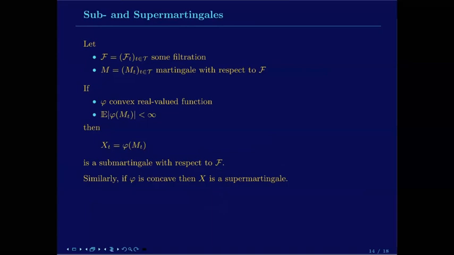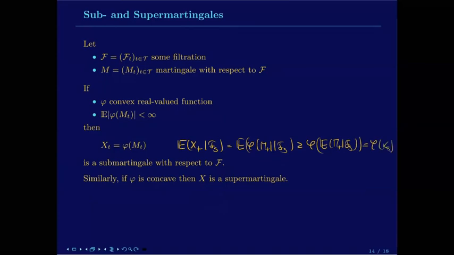And this is simply a consequence of Jensen's inequality. So we have the conditional mean of x_t given, say, F_s. That is the conditional mean of phi(M_t) given F_s. By Jensen's inequality, this is larger or equal to the convex function evaluated at the conditional mean, which now again is x_s.